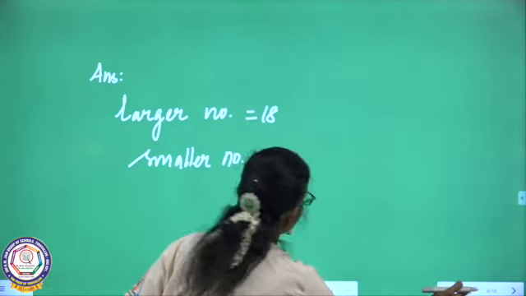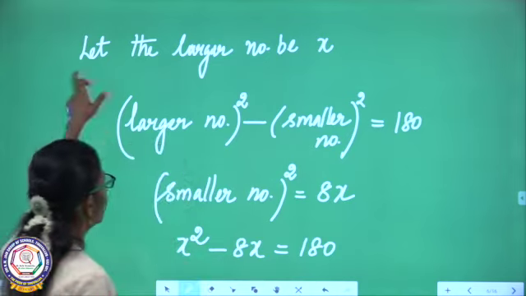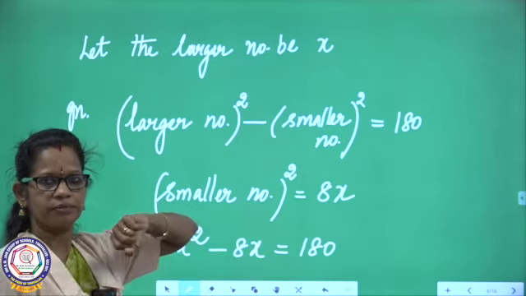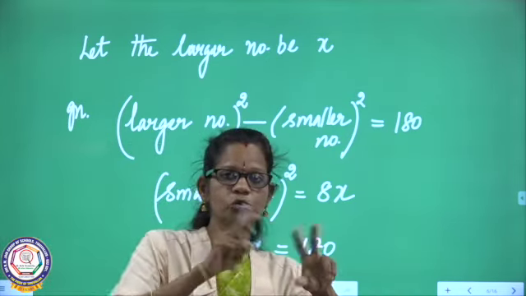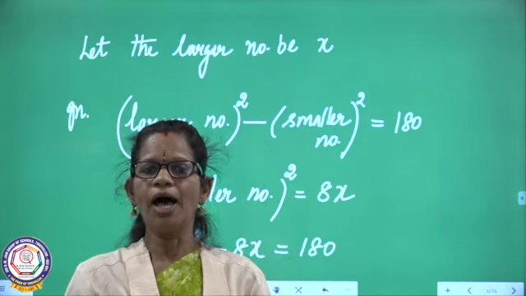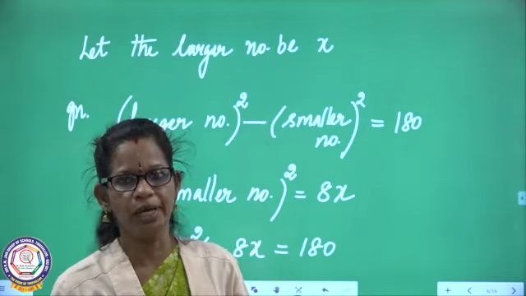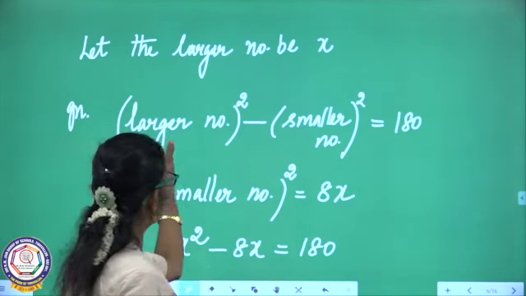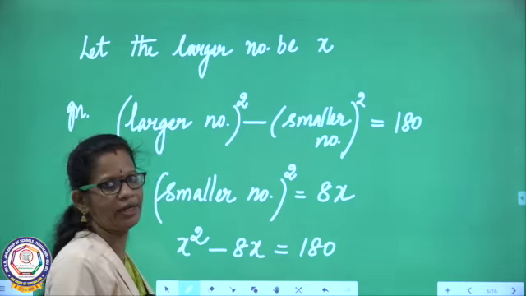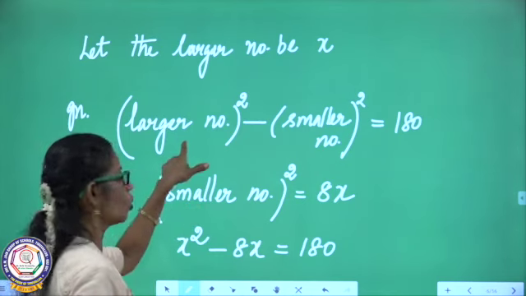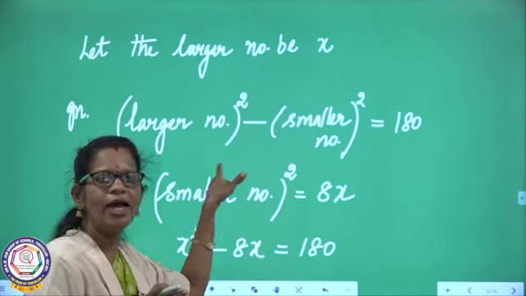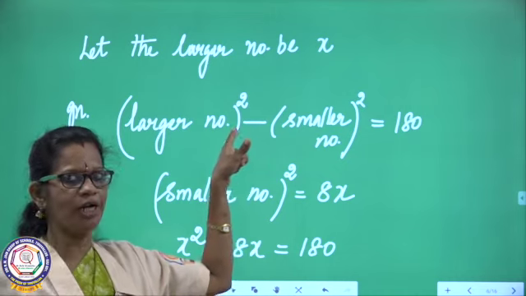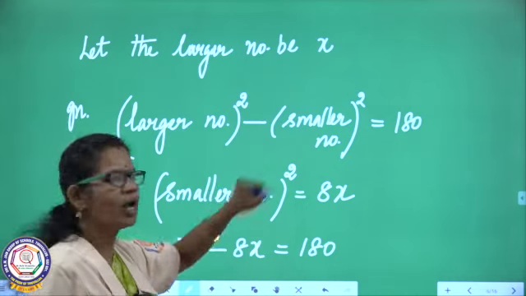Once again I repeat, the larger number be x, because they discuss the smaller number and the larger number. I selected the larger number to be x. Then they said the difference of the squares is 180. See here, 18 square, you arrive at the answer. 18 square means 324 minus 144.